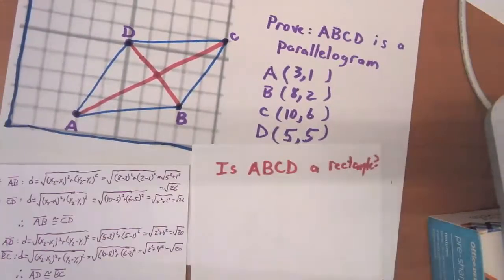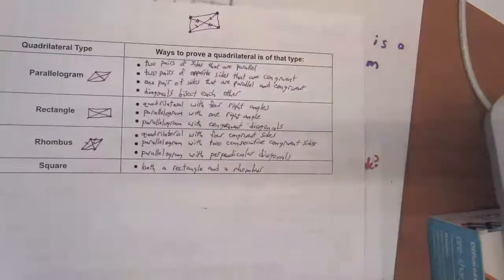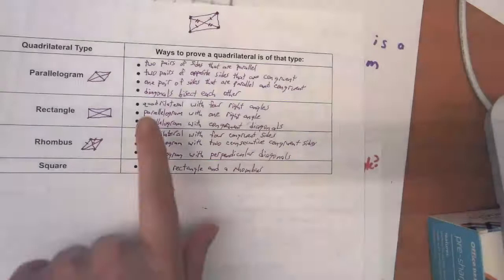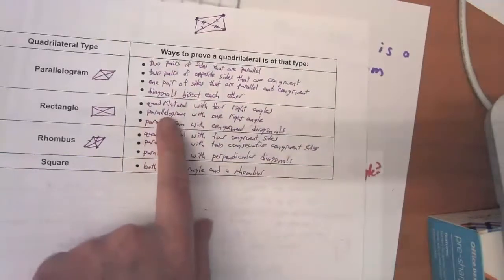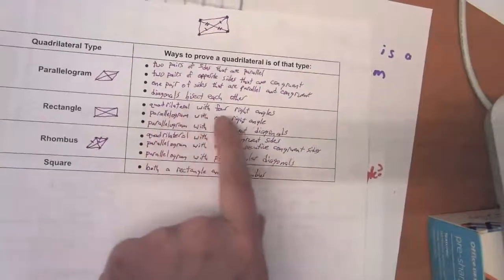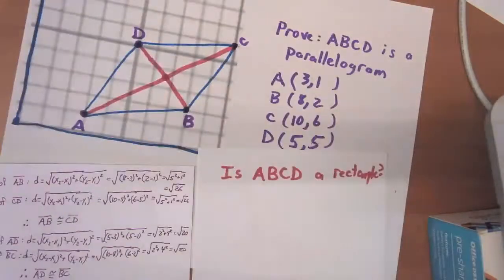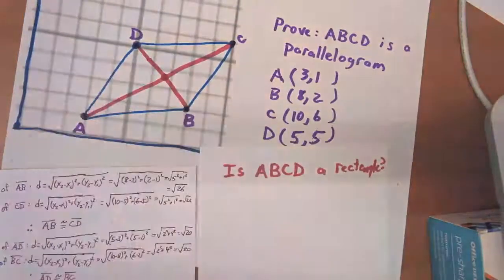What about the question of whether it's a rectangle? Well, it definitely doesn't look like a rectangle, so I'm going to guess no right off the bat. But how are we going to justify that using math instead of just our intuition? Once again, we can use the fact that a rectangle is a parallelogram with a right angle, or that it has 4 right angles.